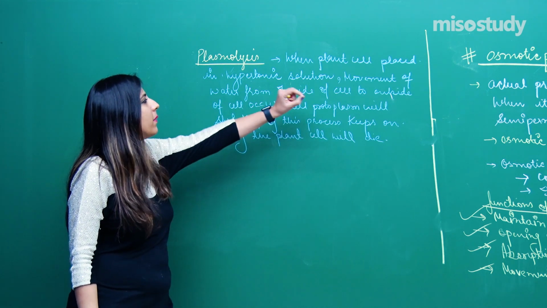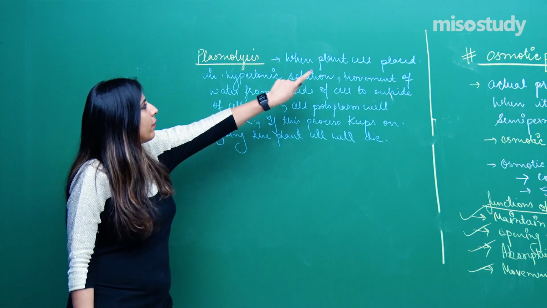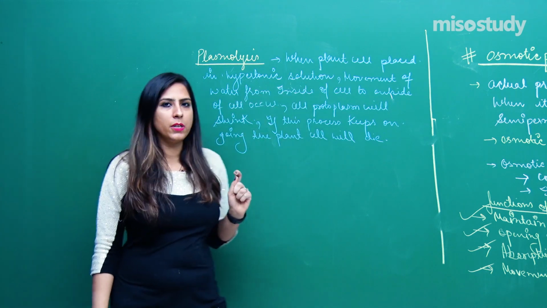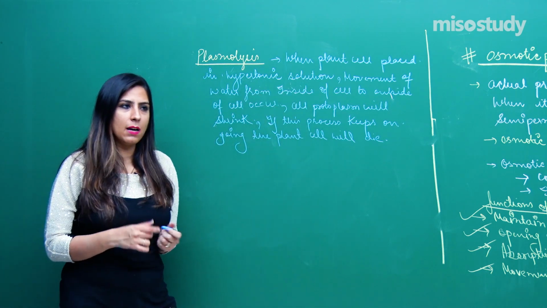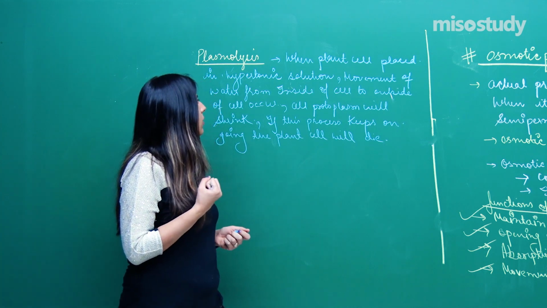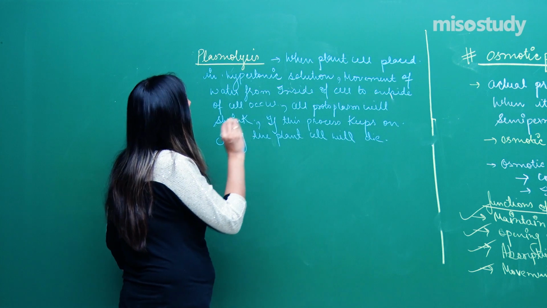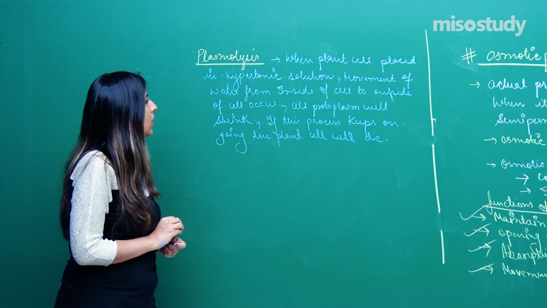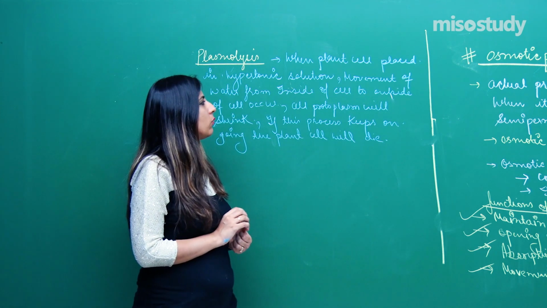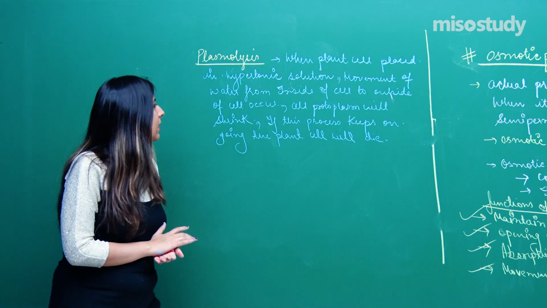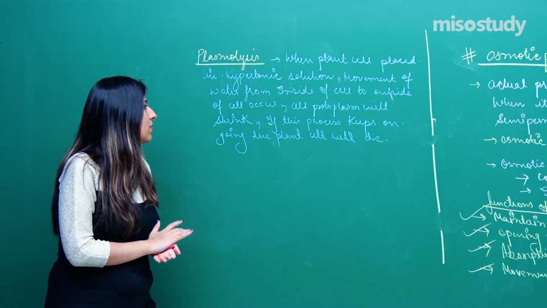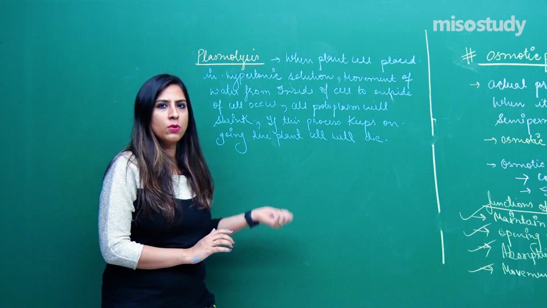Now you have to remember the exact definition. When the plant cell is placed in a hypertonic solution, the movement of water from the inside to the outside will occur, that will lead to the cell shrinking, and this process keeps on going. So students, note down this.